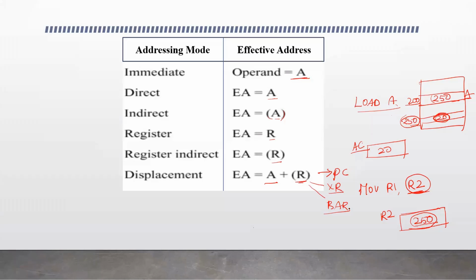These are the 3 displacement modes. The content of one of these registers will be added to the address given in the instruction to find the effective address. So the effective address is A plus the content of the register: PC, XR, BAR, the base address register. Hope this is clear.